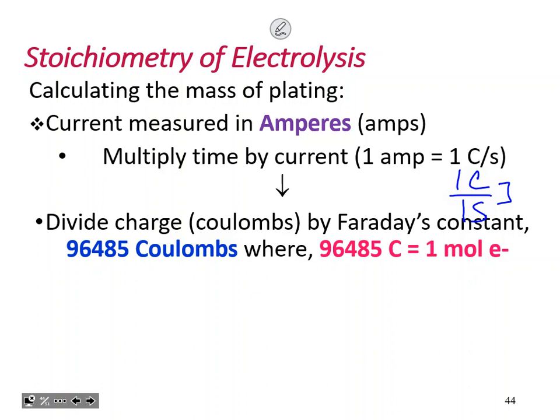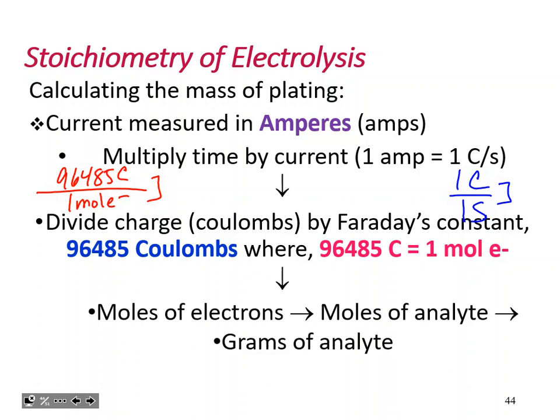And Faraday's constant you could set up as a conversion factor as well, where you have the 96,485 coulombs per 1 mole of electrons. So now, once we get to coulombs, we can use Faraday's constant to transfer over. And when we get to moles of electrons, then we just use our balanced reaction.